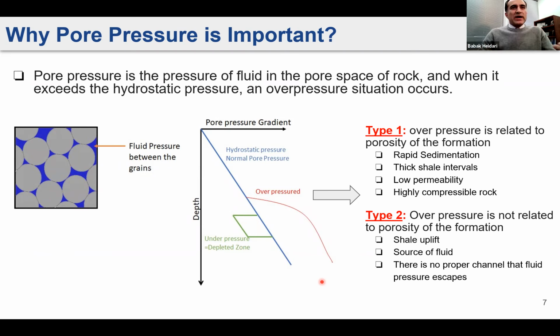Whenever there is rapid sedimentation, a thick shale interval, low permeability, and high compressibility rock, these are the components of creating overpressure through under-compaction. Basically the formation is not allowed to compact enough, and this is creating excessive pore pressure. There are other sources of overpressure which are not related to porosity, for example shale uplift and sources of fluid injection.